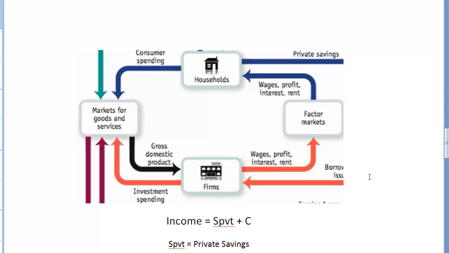In order to make investment spending, 90% of investment spending in the United States is done on borrowed funds. So as a result, in order for firms to engage in investment spending, in this model, firms demand financial assets or borrow from financial markets.